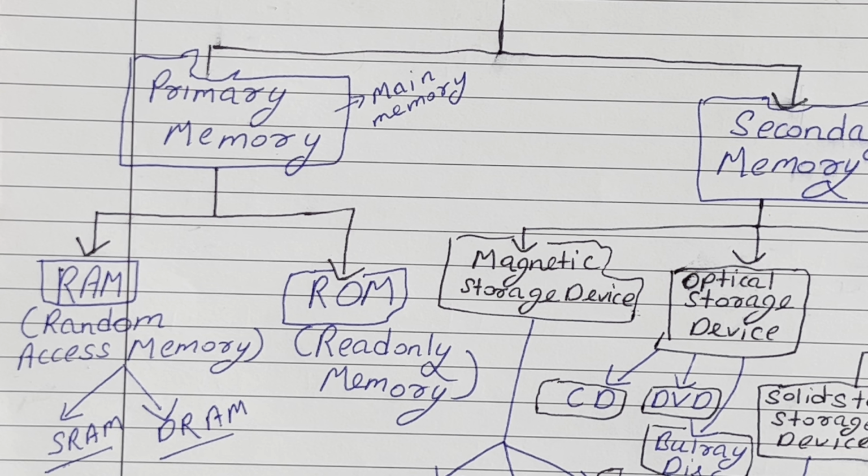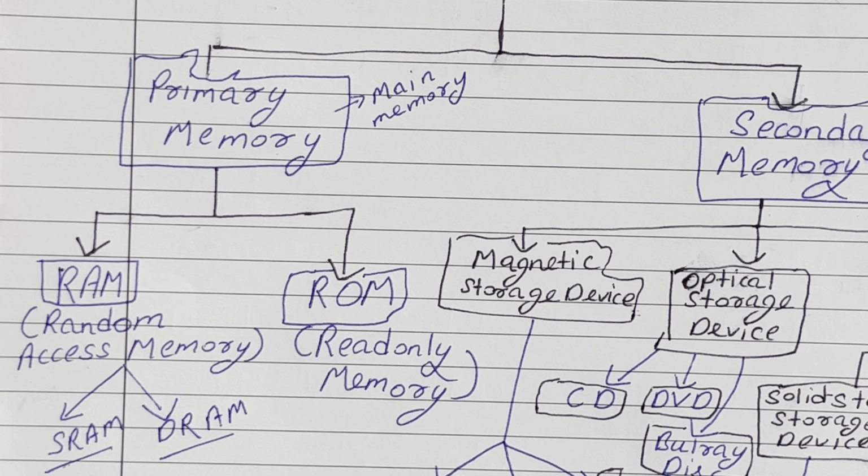Now, let's talk about DRAM, which stands for Dynamic Random Access Memory. It is a type of RAM which stores the data using tiny capacitors and transistors. In this, each capacitor stores a single binary bit by holding an electrical charge.